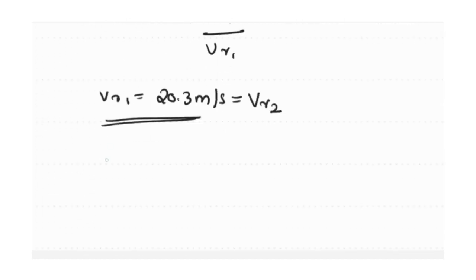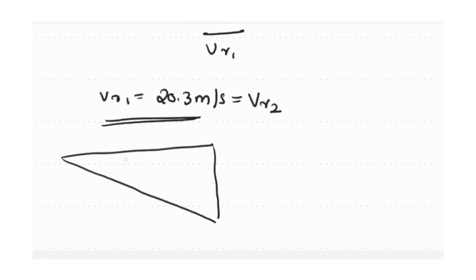So it looks like this. Here it is beta 2 and this is alpha 2.